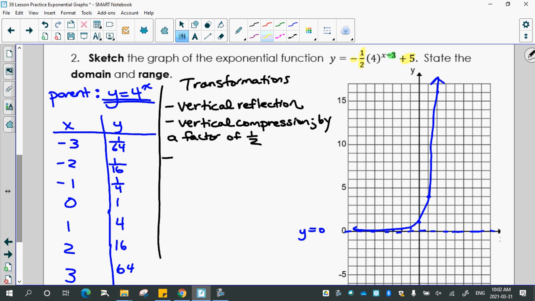And the next one is the -3 in the exponent. What's that going to be? Horizontal shift, right 3. Yes, a horizontal shift to the right 3. And then the +5. Yep. Vertical shift up 5. Good. Vertical shift up 5.